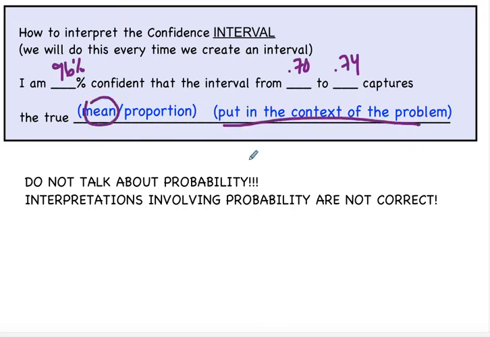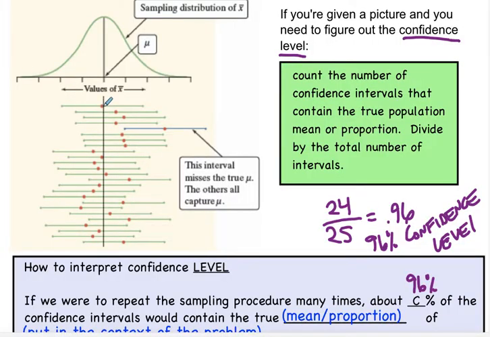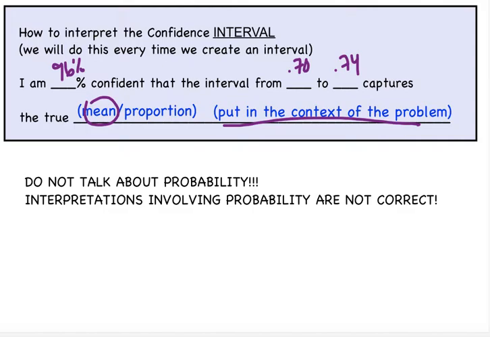Put it in the context of the problem. Any interpretations that are talking about probability are not correct. It's not a 96% chance or anything like that. It's just 96% of these strips hit the mean if you took a lot of samples.